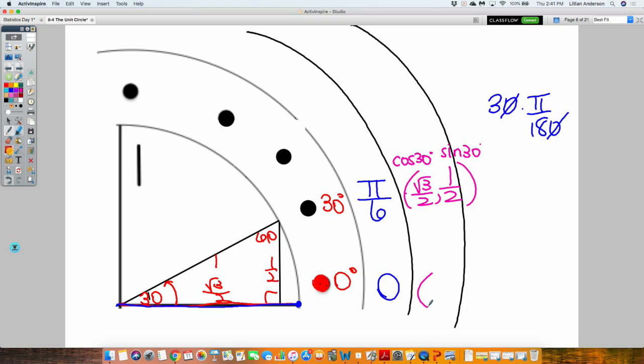Cosine of 0 degrees is x over r, and r is still 1, so 1 over 1 is 1. And then the sine of 0 is going to be 0, because you don't go up any, so it's 0.